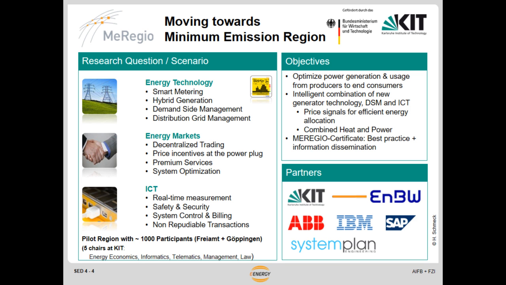And I think I've shown you this slide already, explaining our project Meregio, where we were participating with five chairs from different disciplines: energy economics, informatics, telematics, management, and law. And we had 1,000 participants in that project. I have shown you just today these results from the test, how they respond to varying prices.